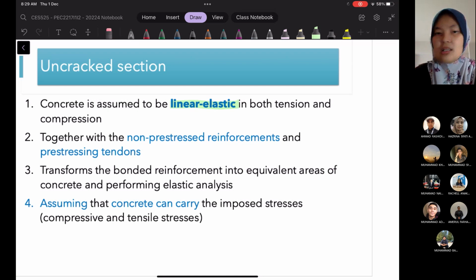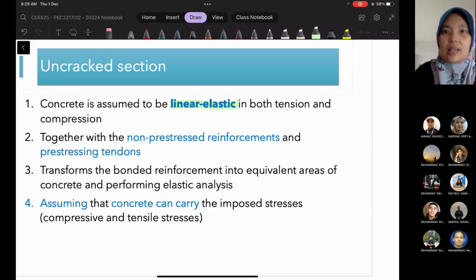So when we consider this, we consider both reinforcements as well. It transforms the bonded reinforcement into equivalent areas of concrete and performs elastic analysis. Thus, we assume that the concrete can carry the imposed compressive and tensile stresses.